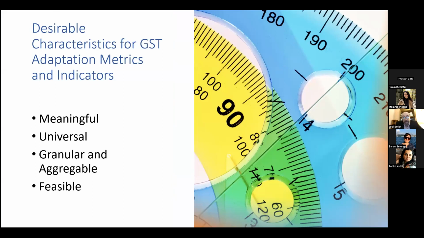They need to be universal in the sense that they need to apply across the world. It shouldn't just work in certain sectors or certain regions of the world or at certain scales. They need to be granular and aggregable. Another way to put that is scalable, so that you can compare or maybe add them up to see how we're doing at national, regional, continental, maybe global scales, but also be able to take them down to finer scales like subnational and even local.